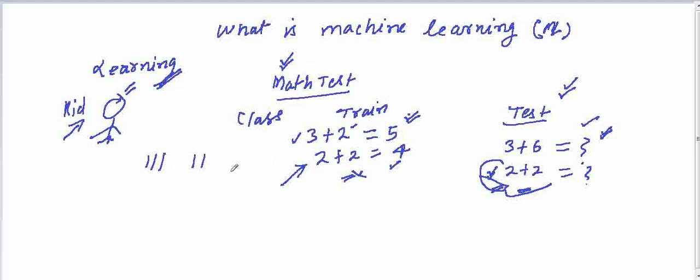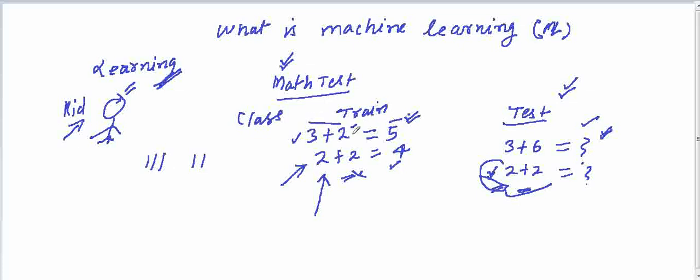So in machine learning, what are we actually doing? We are giving the machine the problem, and now the machine is understanding the problem. During the training you can see here you have the question and the answer.